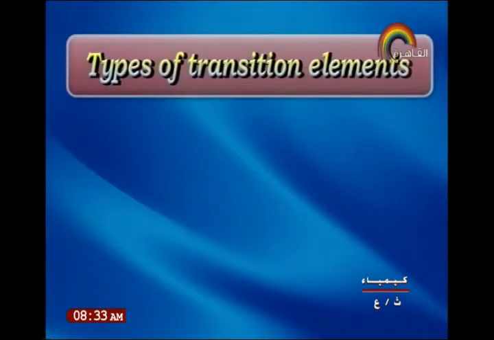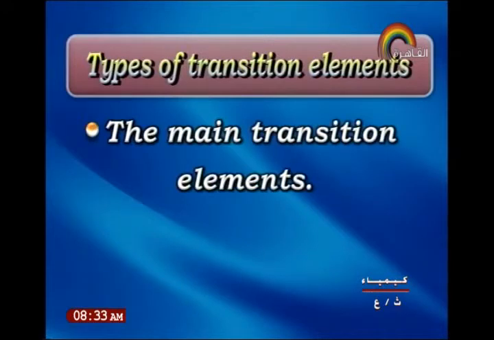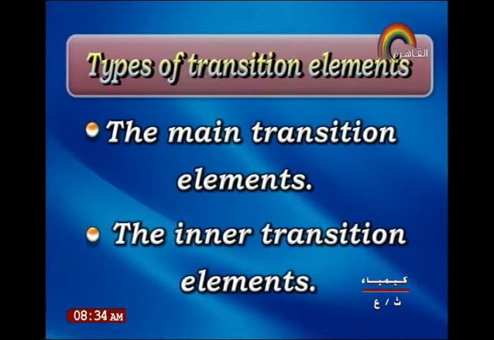So there are two types of transition elements: the main transition elements, where the electrons fill the D sublevel from 1 till 10 electrons, and the inner transition elements, whose configuration in this series ends by filling the F sublevel from 1 till 14 electrons.